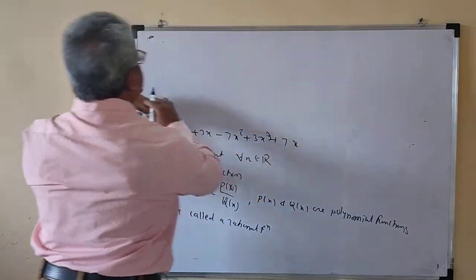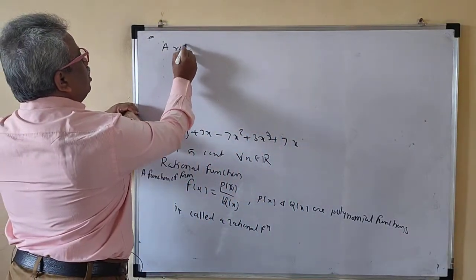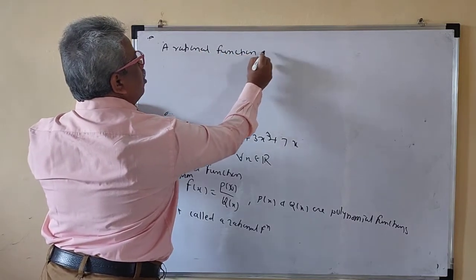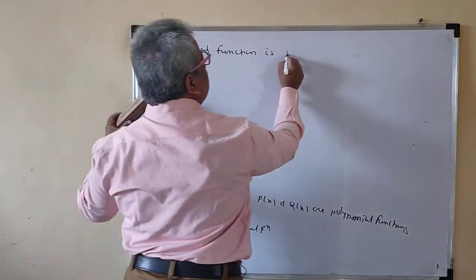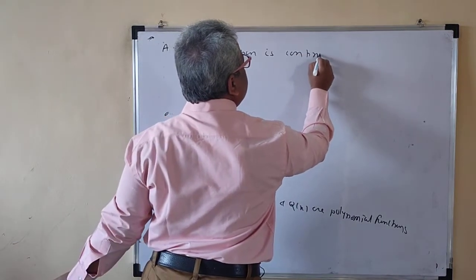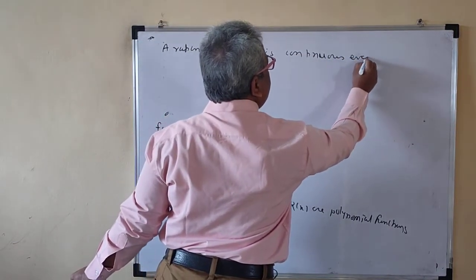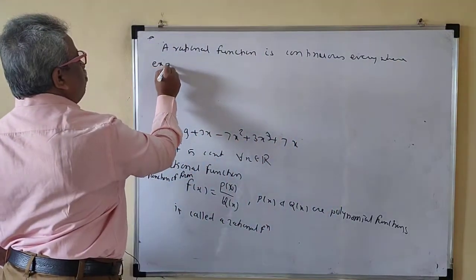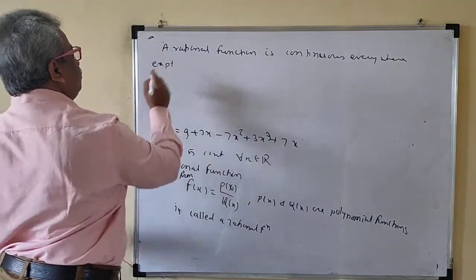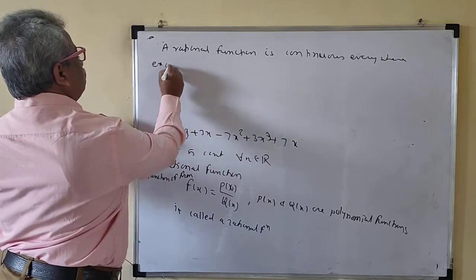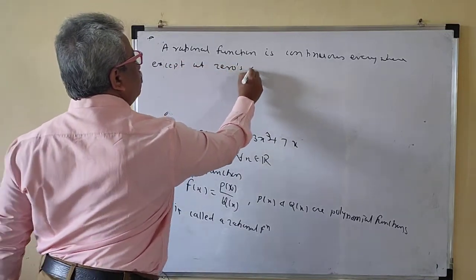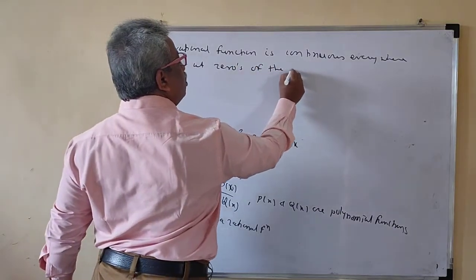A rational function is continuous everywhere except, this is very important, except at zeros of the denominator.